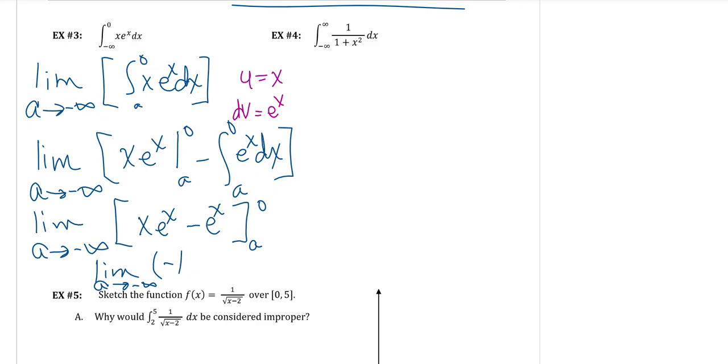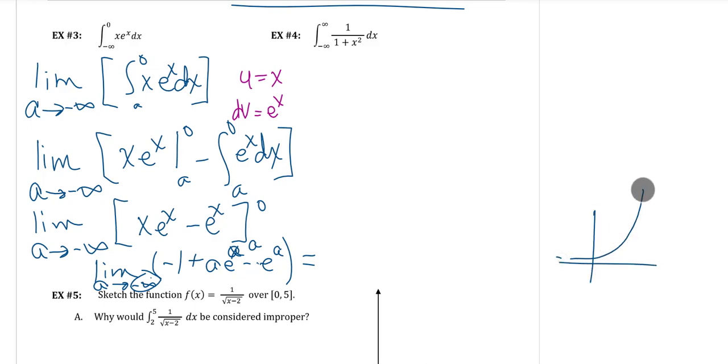And then when I put a in, I'm going to have plus a e to the a minus e to the a. When I take the limit, e to the a is going to get smaller and smaller because I'm going to negative infinity. Remember, the exponential graph looks like that. So as I get smaller and smaller, it's going to 0. So these two terms go away, and I get negative 1 for an answer.